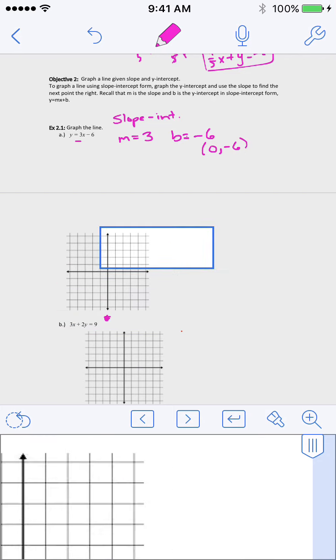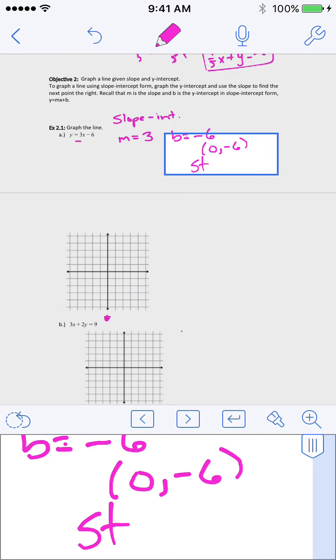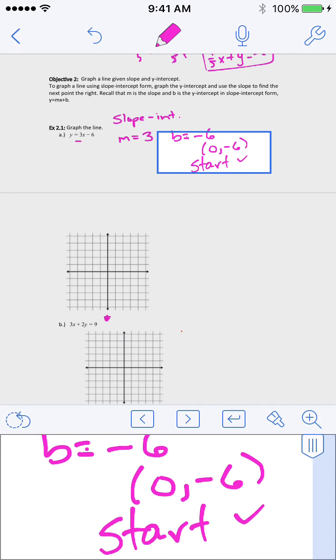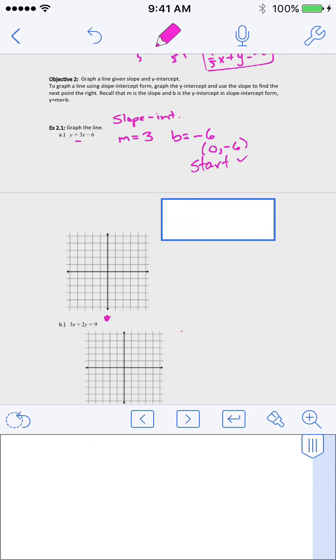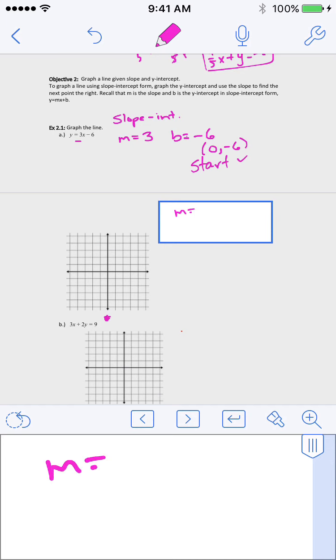Alrighty, so from here, that's our starting point. We put it on the graph. Check. Now we have our slope, and remember that slope is walking direction. Since m equals 3, that's great, but I don't really know how to walk 3. It's supposed to be up some and over some, or down some and back some. So I need to convert this to a fraction.